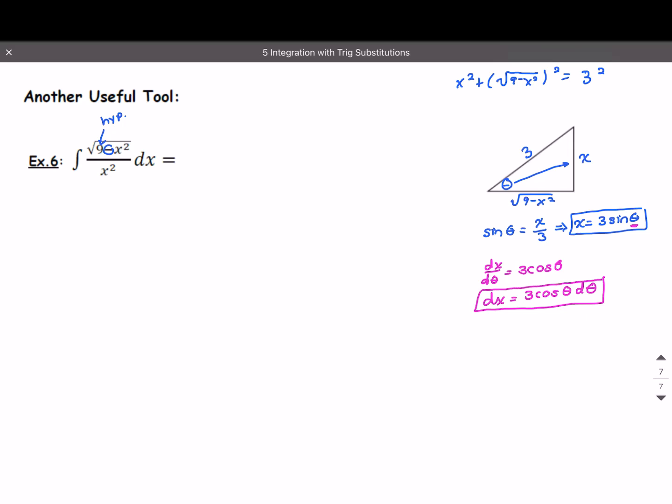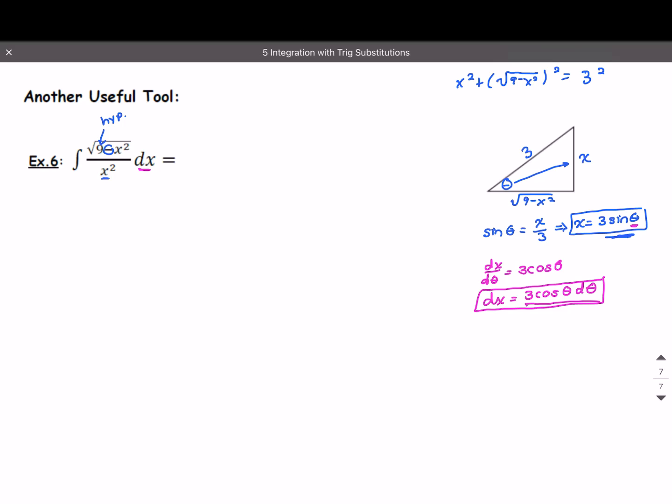So far, are you with me? Okay. Now, I can replace the x squared with the 3 sine theta and square that. I can replace the dx with this 3 cosine theta d theta, but I need that numerator. So what can we use for the numerator?